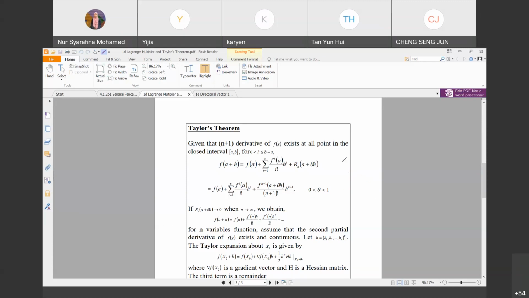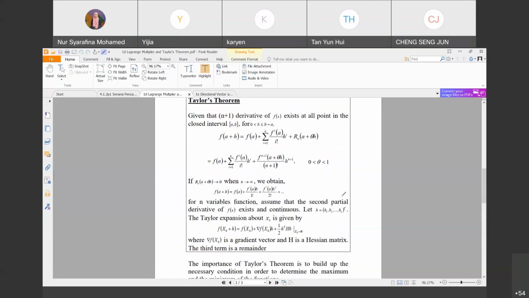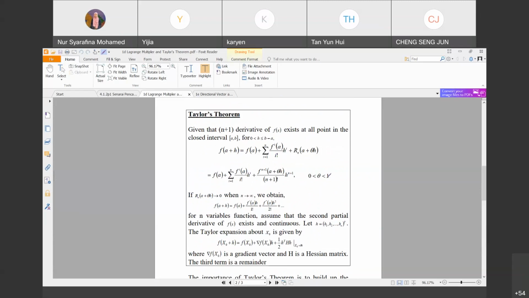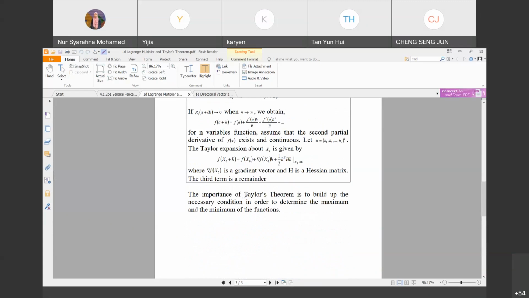So now for multivariable function, we still use the definiteness of the Hessian matrix, but it involves some types of expansion in using this Taylor's theorem. So you can read this theory. This is just for the proving process, and the importance of Taylor's theorem is to build up the necessary condition in order to determine the maximum and the minimum.